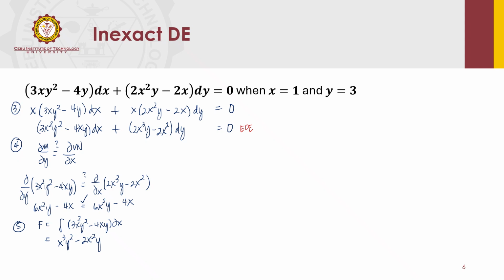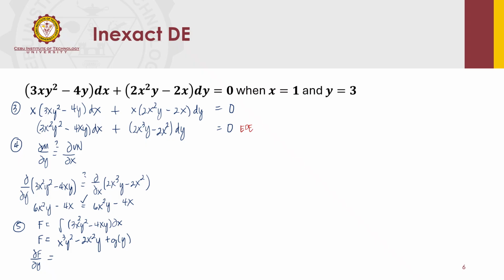Okay, and then for the arbitrary constant, or the constant of integration, since y is the constant, we use g of y. So we need to solve for the value of g of y. First we need to solve for the partial derivative of f with respect to y this time, not with respect to x.